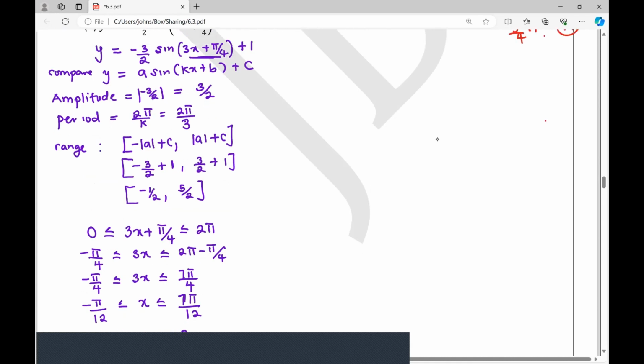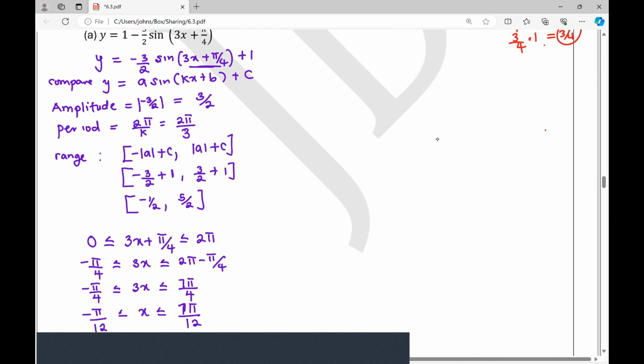And we can even find the horizontal shift from the beginning. Remember, how do we find horizontal shift? Let me just do it here. I think we skipped that here. So if we want to find horizontal shift using the formula, it is minus b over k, right?